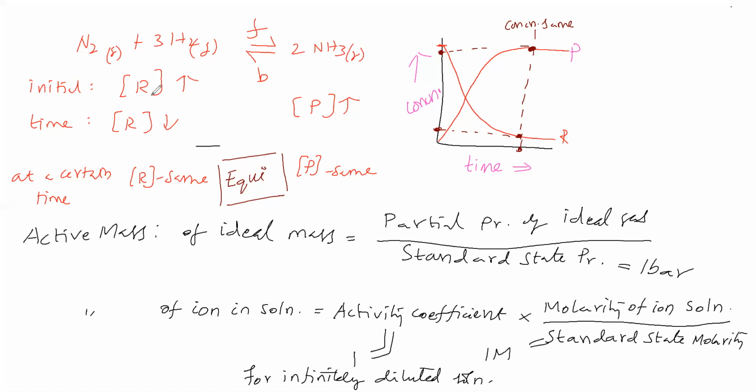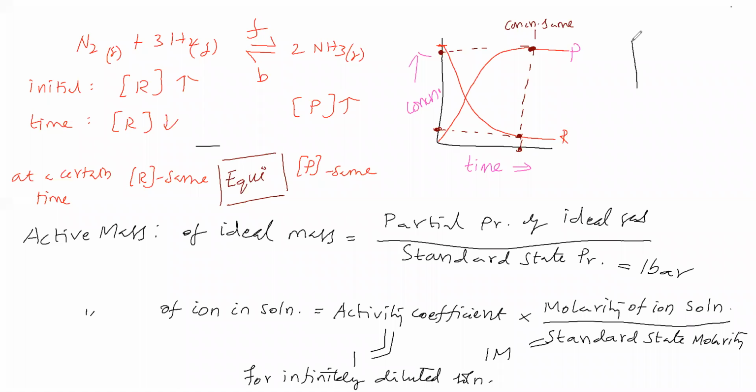As time passes, the concentration of reactant decreases, and therefore the rate of forward decreases. When equilibrium is attained, the concentration of reactant remains the same, so the rate of forward reaction remains the same. So as time passes, the rate of forward goes on decreasing and then attains a constant value. How the graph will look, we will see.